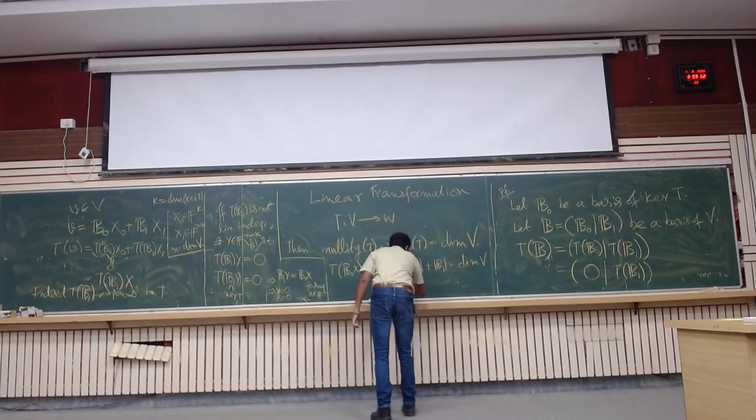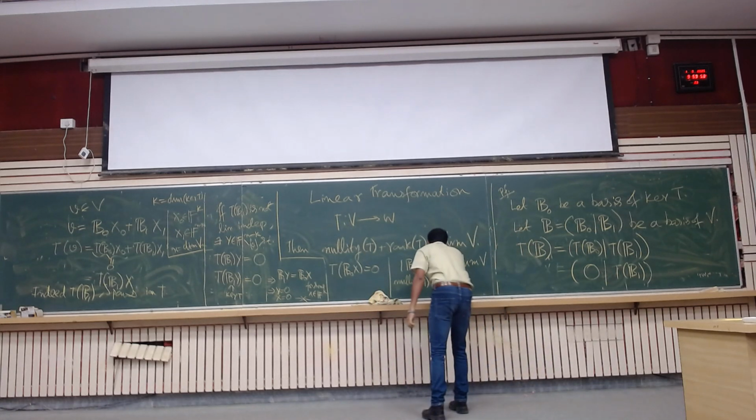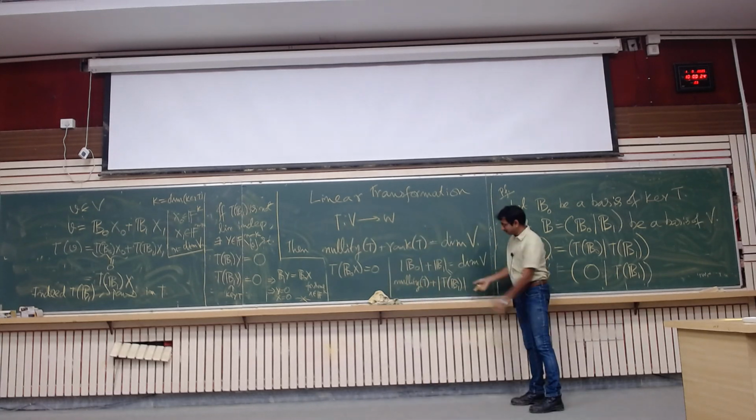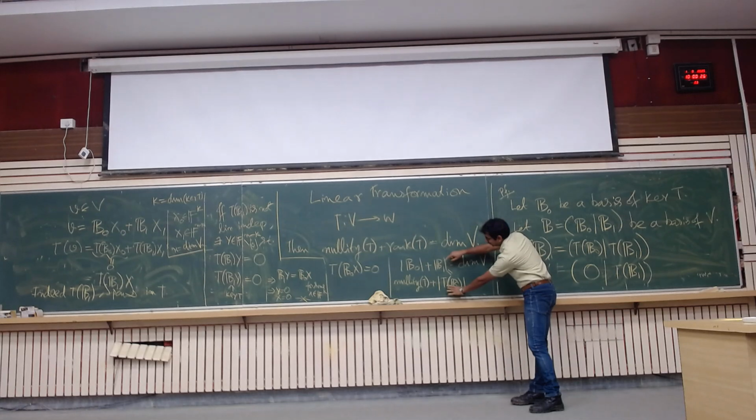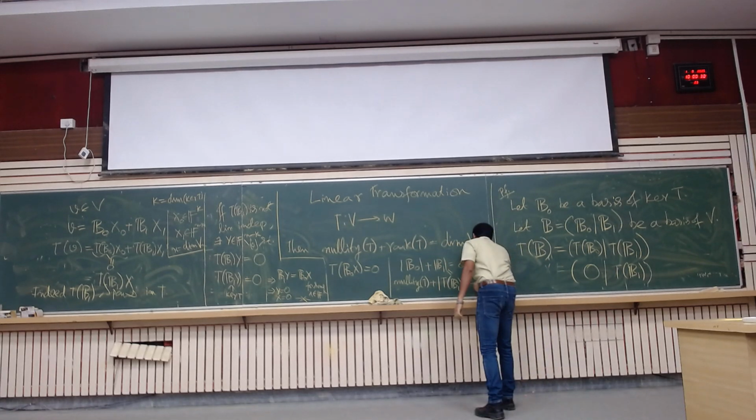And this one is equal to the cardinality of TB1, right? These two things are exactly the same, because T of B1 is just denoting the image of this one. This is equal to the dimension of V, right?